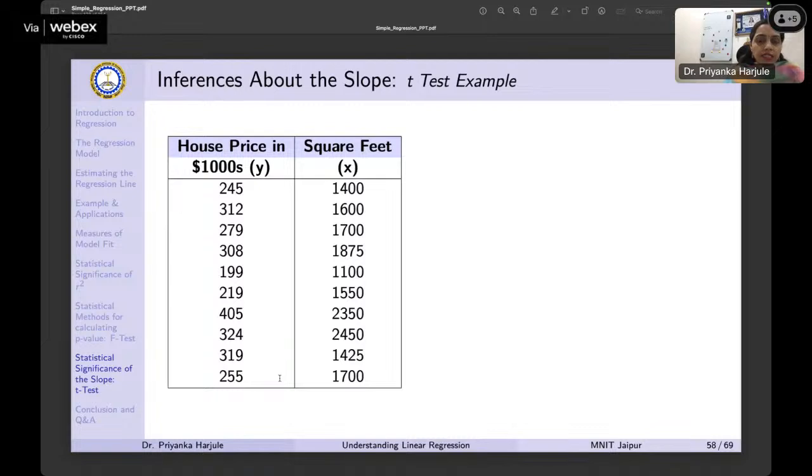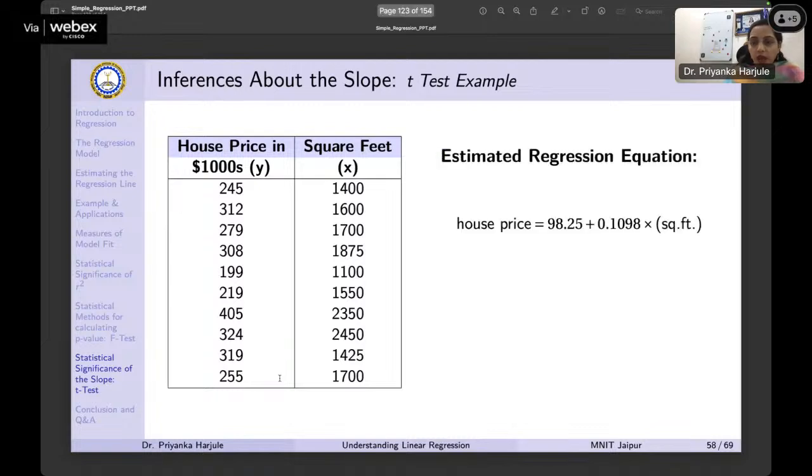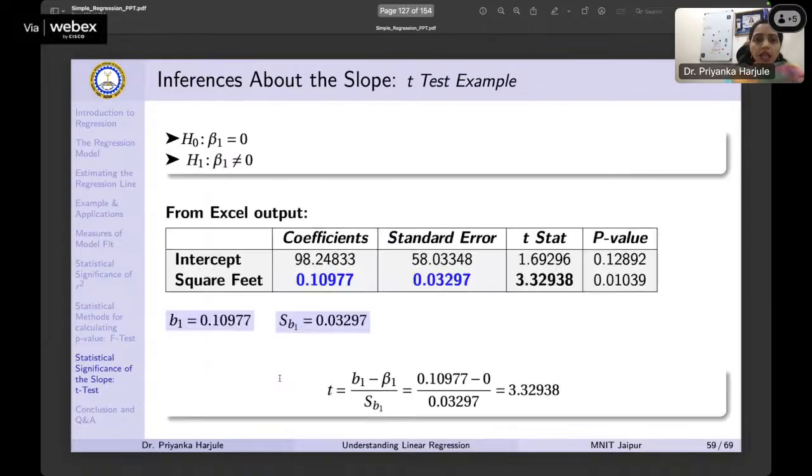Again, we take the same example of house price and square feet, and this is our estimated regression equation, and the output is this. You can see from here that our best slope is 0.109. How much it differs from 0, that is what we are checking.